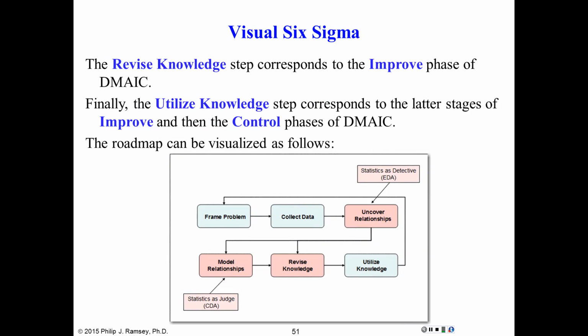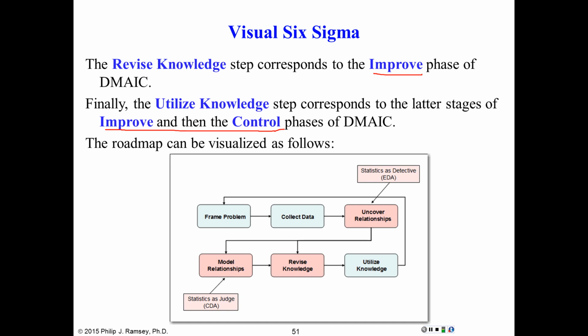So when we talk about revising knowledge, we're basically talking about the improve phase. And then the utilize knowledge phase is really a combination of improve and control. So there is a relationship. It's just that the roadmap is more flexible, and there's a part of it you can leave out, the model relationships.